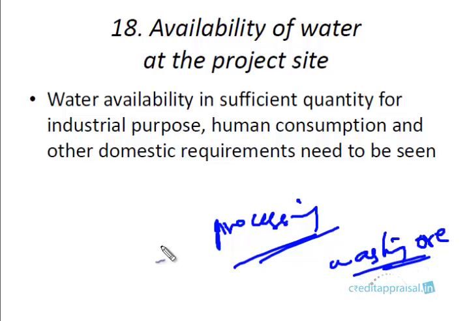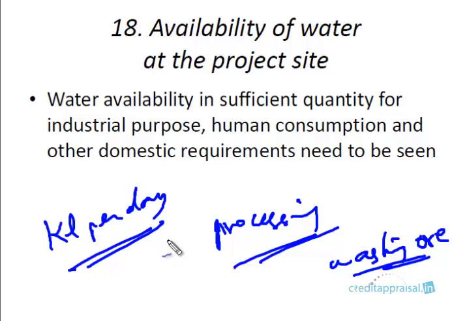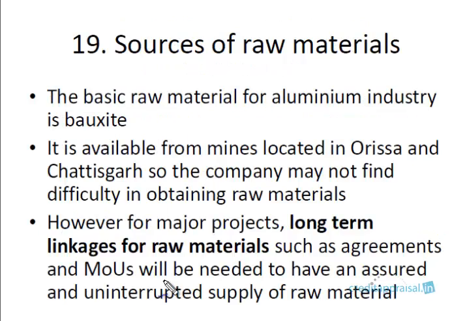So you have to try to assess the total water required per day, say so and so kiloliters per day. This estimate will be provided by the company. You just try to see whether it's reasonable or not. Okay, and then try to see what are the sources of water the company is going to propose, whether it's going to dig a borewell here or some other source of supply, right? You need to look into that.